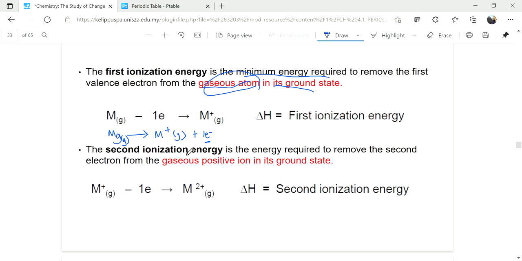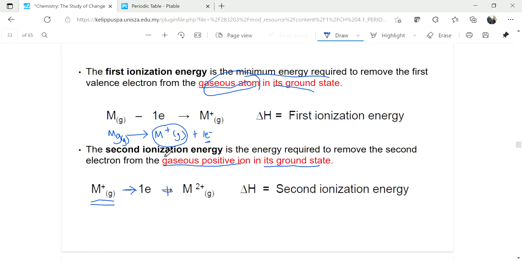Second ionization energy is the energy required to remove the second electron from the gaseous positive ion in its ground state. Here, after we remove the first electron, it becomes a gaseous positive ion, an M plus ion. So M plus ion in its gaseous state will release 1 electron to form M2 plus ion.